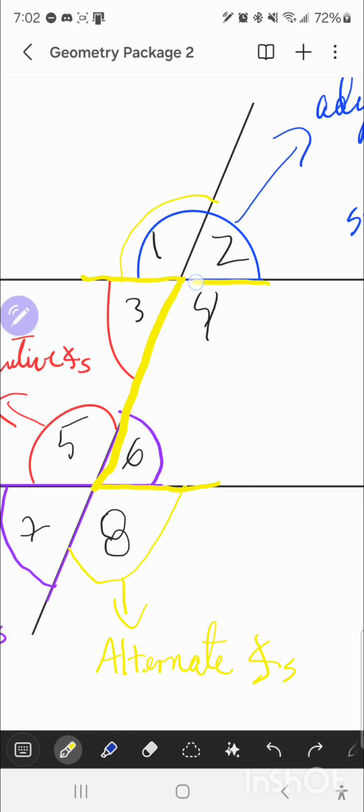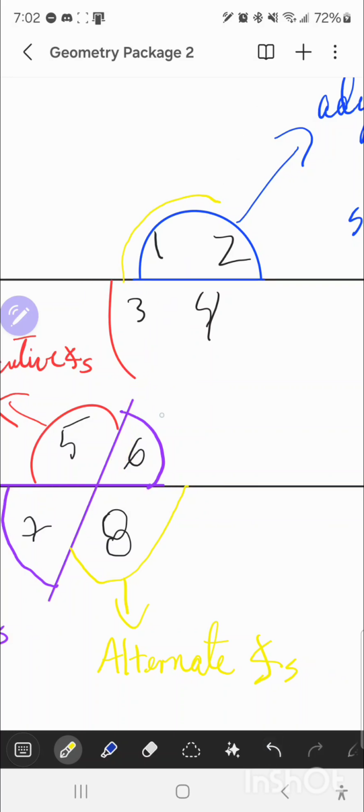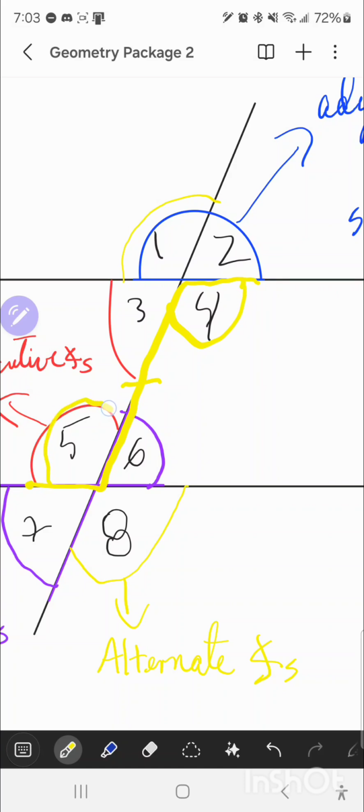And I could also draw a Z to the other side. If I delete this one and I draw a Z like this, it's also a Z, but the other side. So the ones on the inside, 4 and 5, are alternate interior, and the ones on the outside, 2 and 7, are alternate exterior.